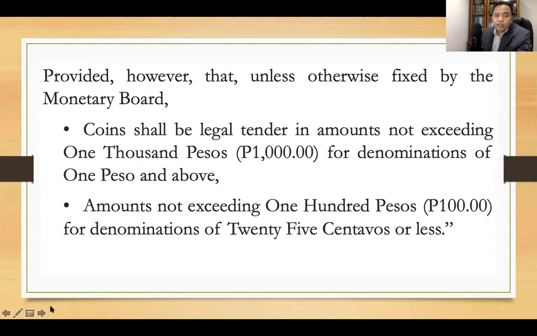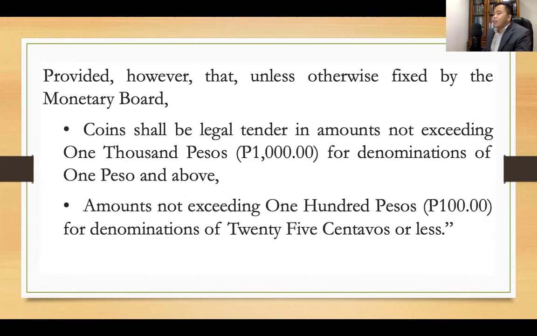Coins shall be legal tender in amounts not exceeding 1,000 pesos for denominations of 1 peso and above. Which means, class, that if you will be paying using 1 peso, 5 peso or 10 peso coin, then you can only pay up to 1,000.